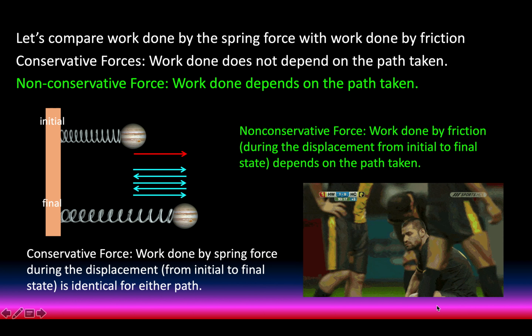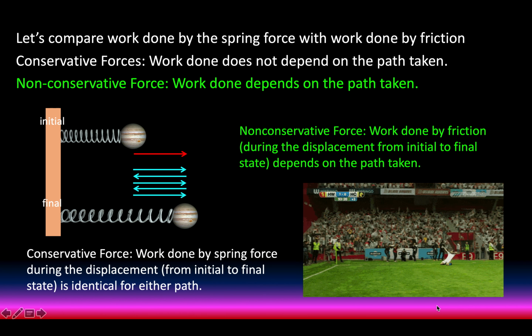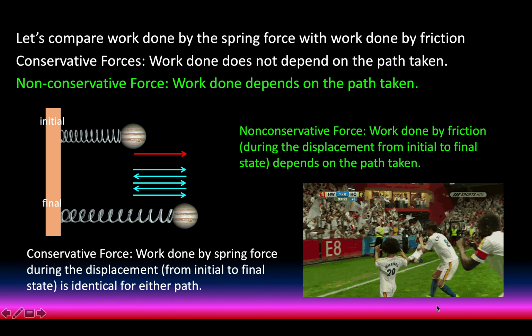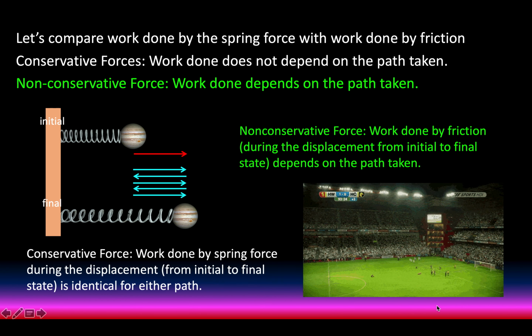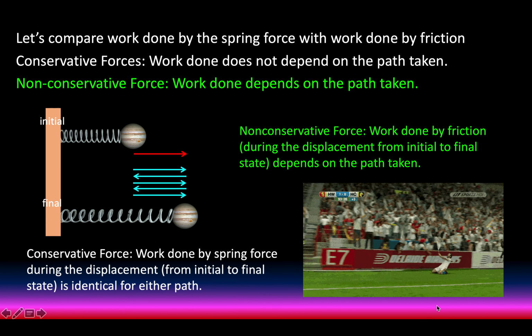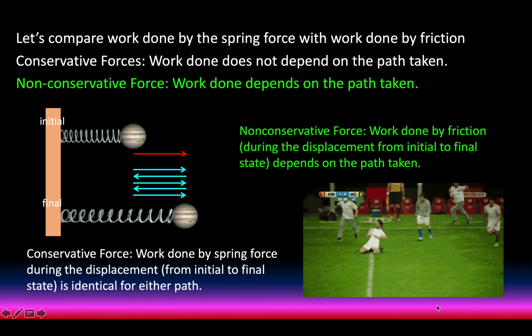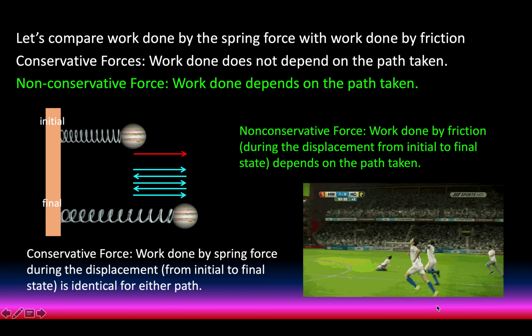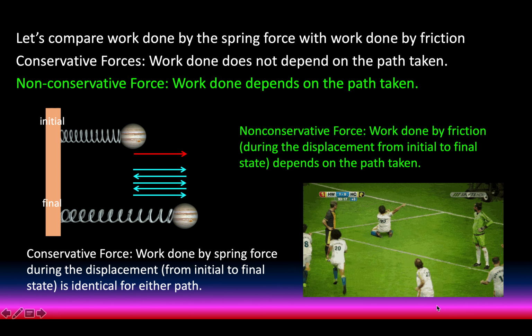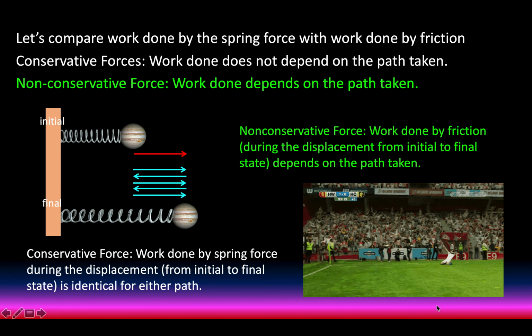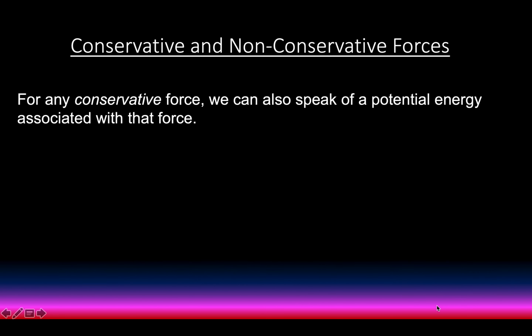It will lose a lot of energy if it takes a very indirect path. Even though you have the same initial and final locations, the work done by friction, which will be a negative number because friction tends to take away energy, will depend on the path taken even though you have the same initial and final positions.